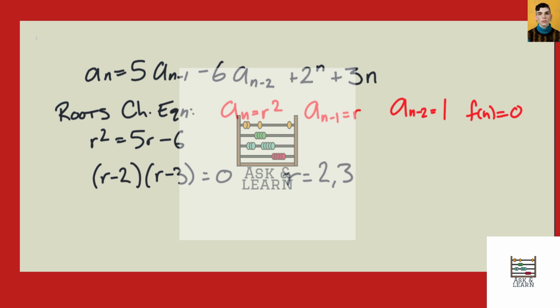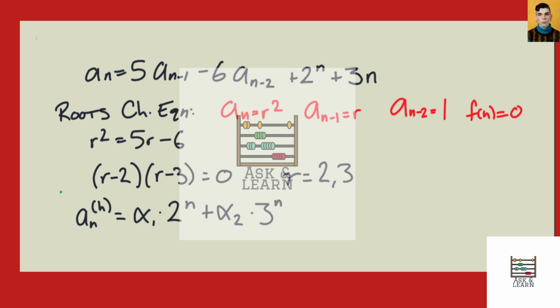So this means that our homogeneous portion of our solution, so put a little h for homogeneous, is going to be equal to some constant alpha 1 times 2 to the power of n plus alpha 2, another constant, times 3 to the power of n, which is each of our roots raised to the power of n.